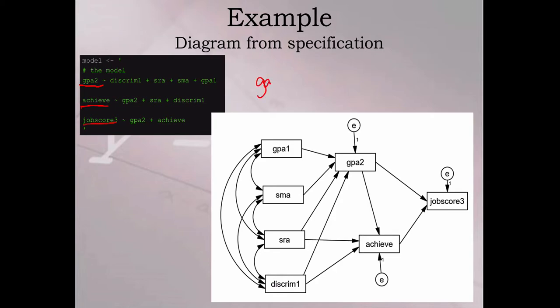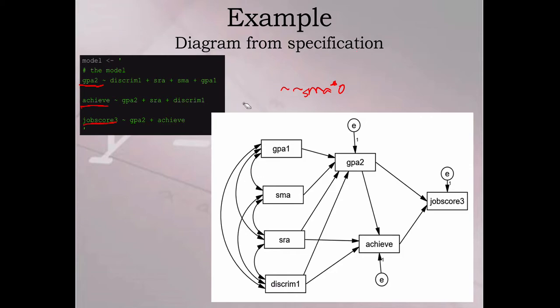correlation between GPA1 and SMA was, I'm sorry, it's the double tilde. I didn't give myself enough space. GPA1 double tilde SMA was 0, then this arrow would not exist.